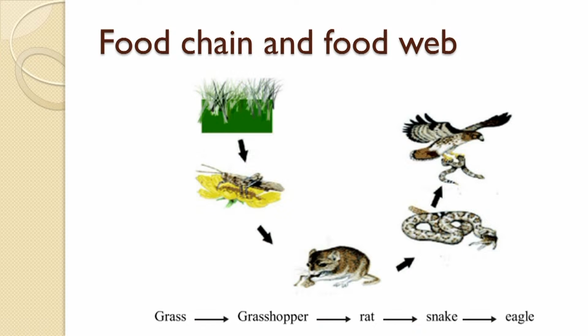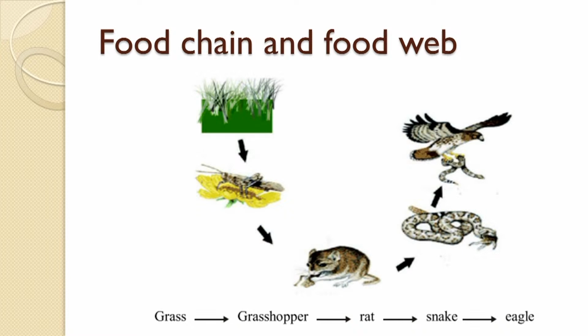So in the chain, the plants are being eaten by some other animals consecutively. This is called a food chain, and this food chain is the most important component in our environment, through which the various types of animals and organisms are able to survive.